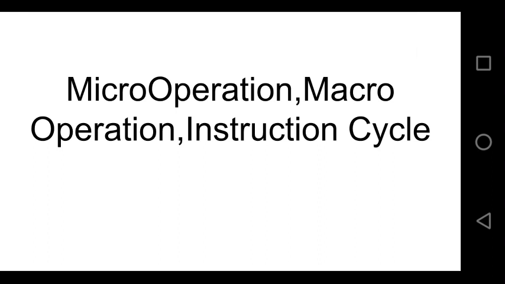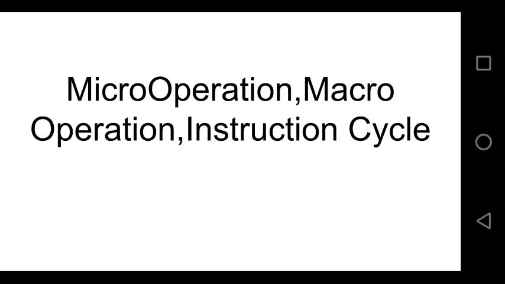So as of now we are assuming that the basic element of a program is the instruction from the user point of view. But for convenience, this instruction is further divided into small operations that can be performed within the CPU.